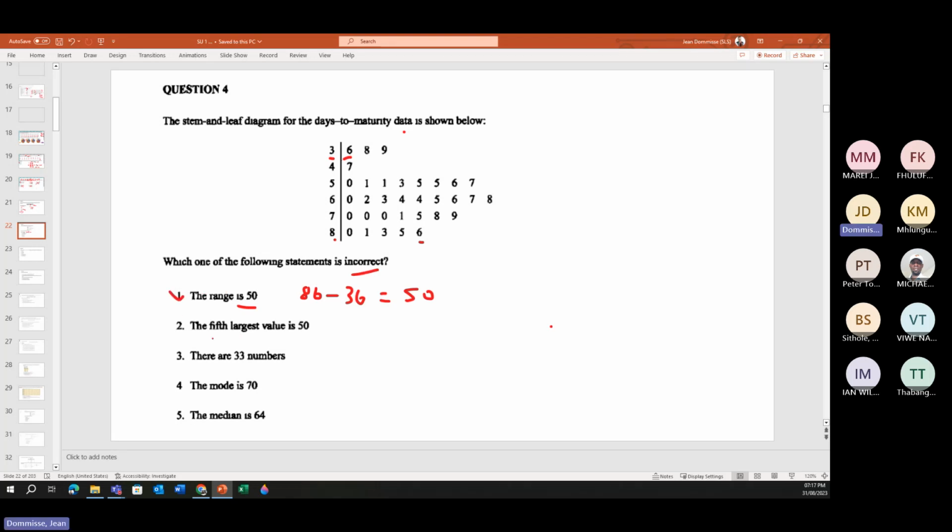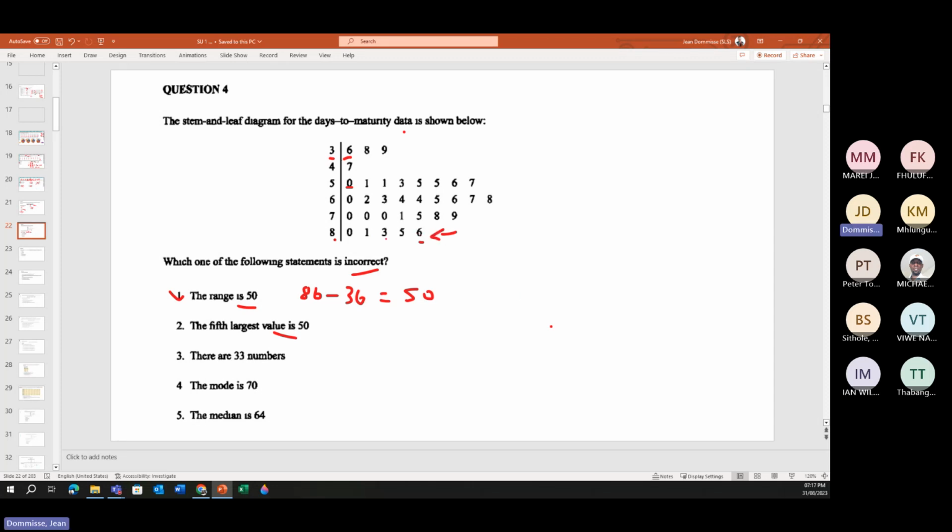That is correct. The fifth largest number. Okay, so I'm looking 1, 2, 3, 4, 5. So the fifth smallest number would have been 50. Fifth largest number, you need to start from the top.